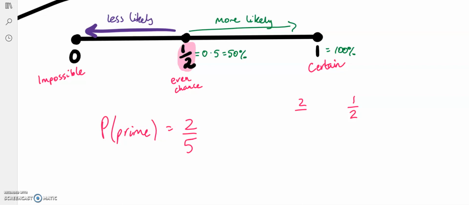Once again, if we get them to have the same denominator, the denominator is going to be 10 here. So 1/2 is the same as 5 over 10. 2/5 is 4 over 10, which is less than a half. So the probability of something being prime for that list would be just less than a half. Maybe I could put that there. So it's less likely, just less than an even chance.